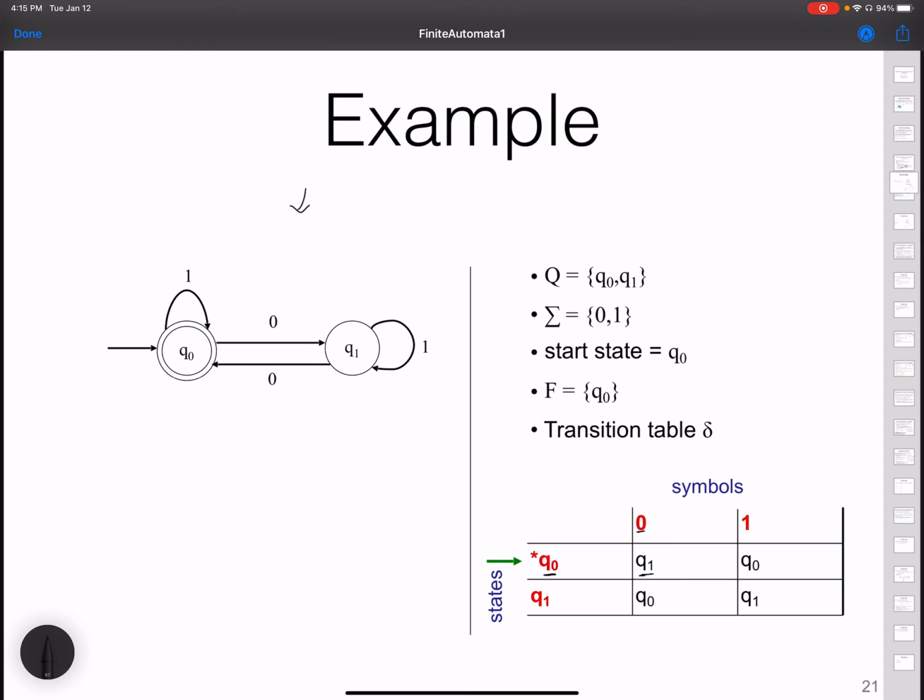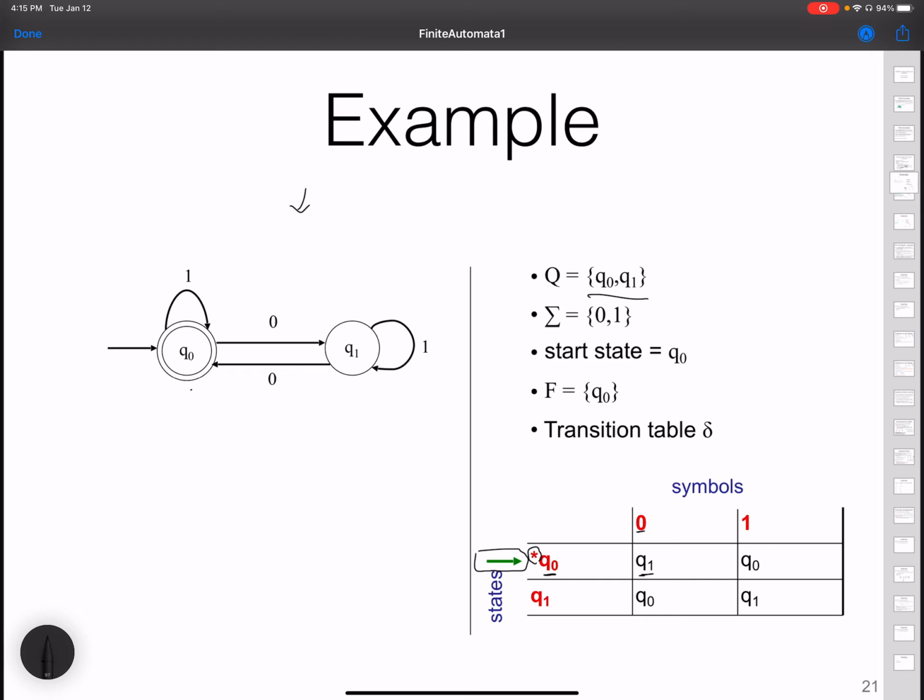How do we represent the final state and the starting state? We usually use an arrow to show which state is the starting state, and we put a star over the accepting state. So here I have one accepting state, Q0, that has been marked using this star. The number of states is 2.